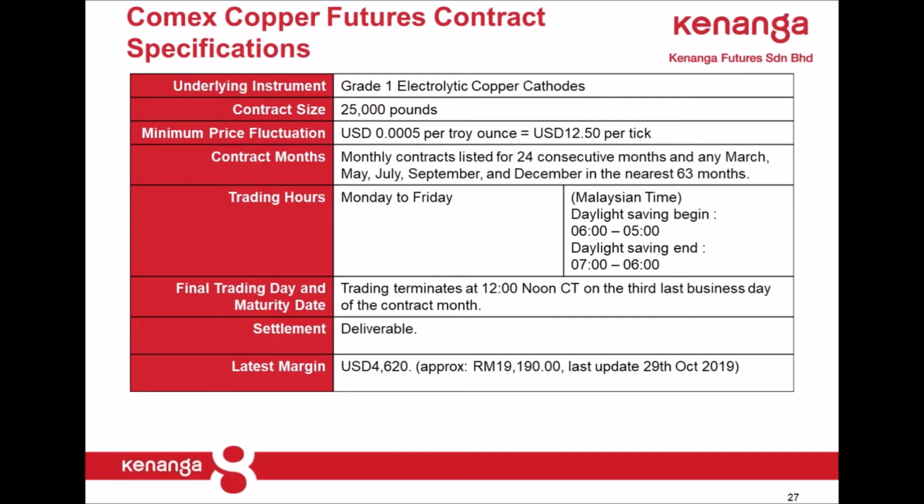Meaning to say, for example, the November contract basically expires on the last 3 business days, which is 26 November for the November month, and for the December month it will expire on the 29th of December. Okay, it is actually a deliverable contract.